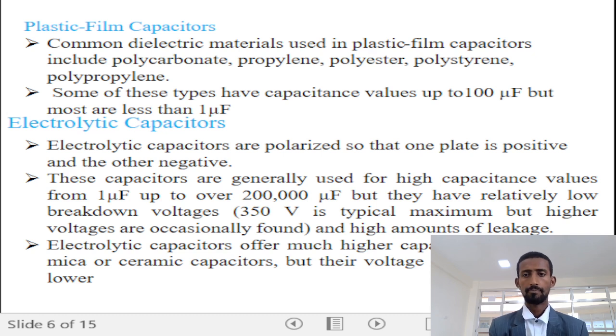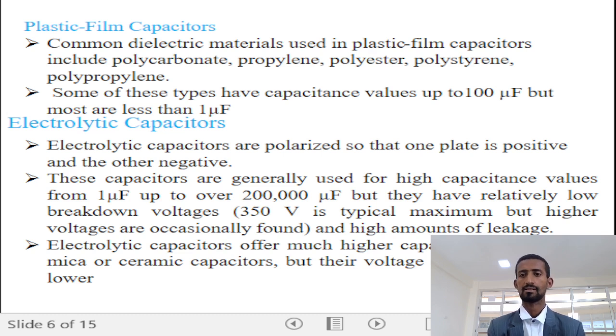The other type of fixed capacitor is the plastic film capacitor. Common dielectric materials used in plastic film capacitors include polycarbonate, polyester, polystyrene, or polypropylene.